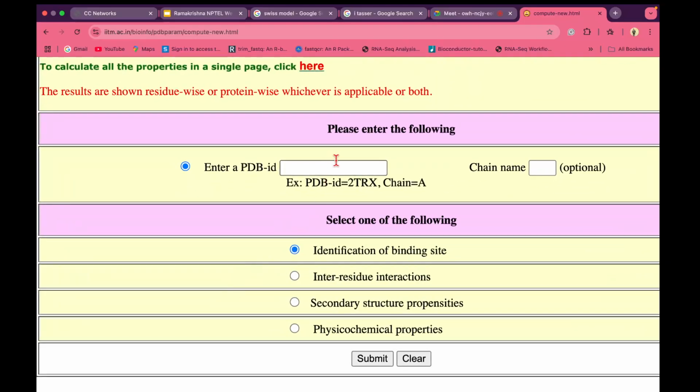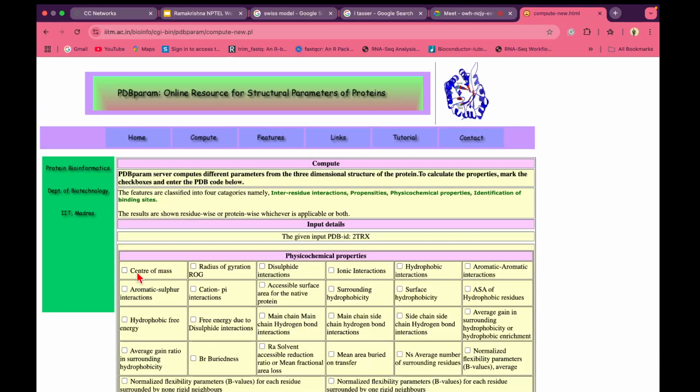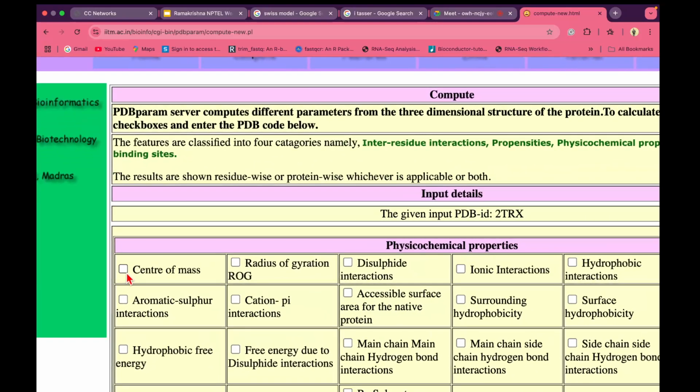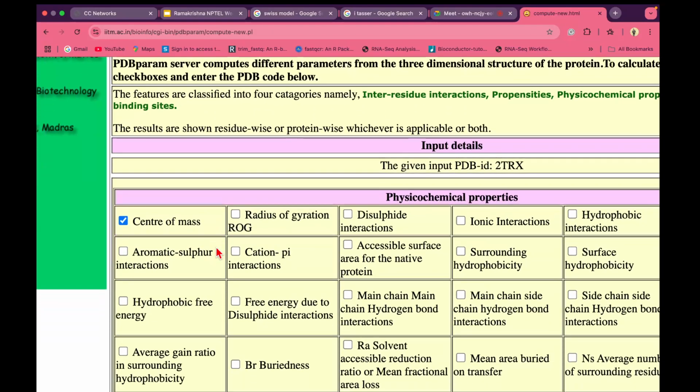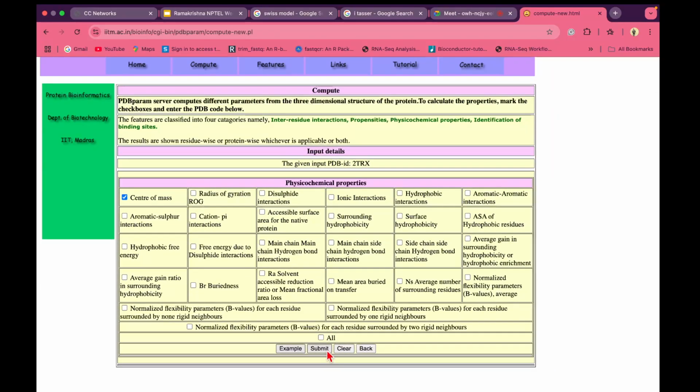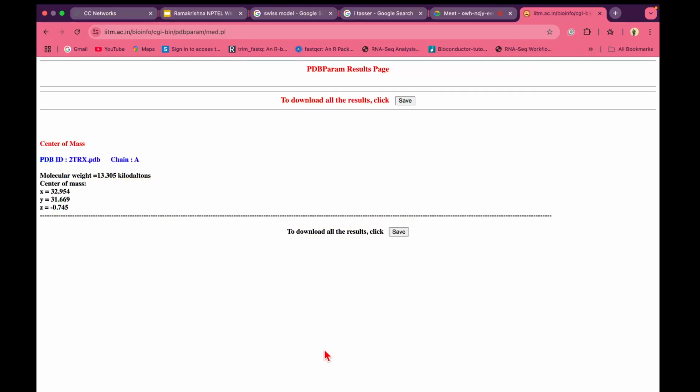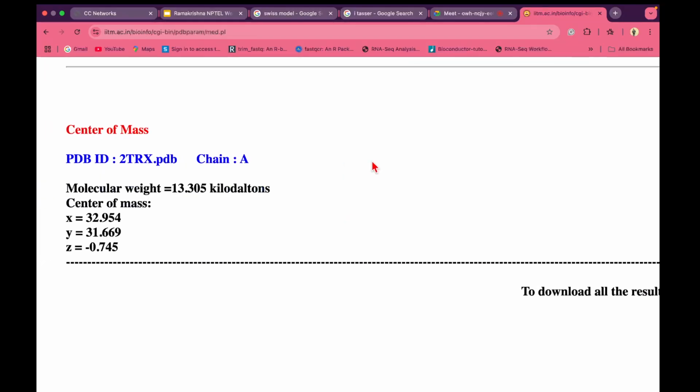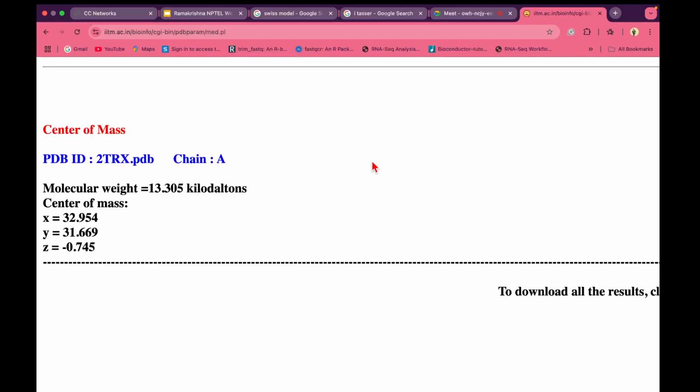As I mentioned, the PDB ID is 2TRX, chain is A. Since I want to calculate the center of mass, it is under physiochemical properties, and then I select center of mass, and we also have the option to print all the results. Submit.